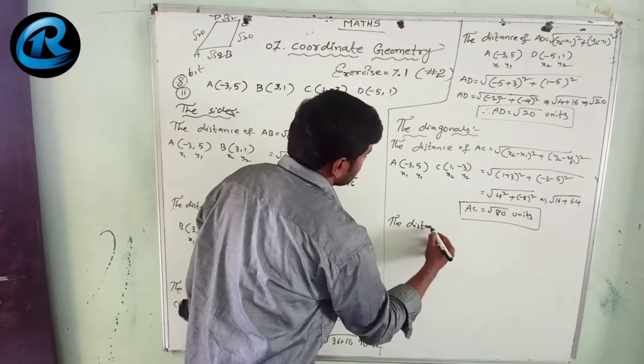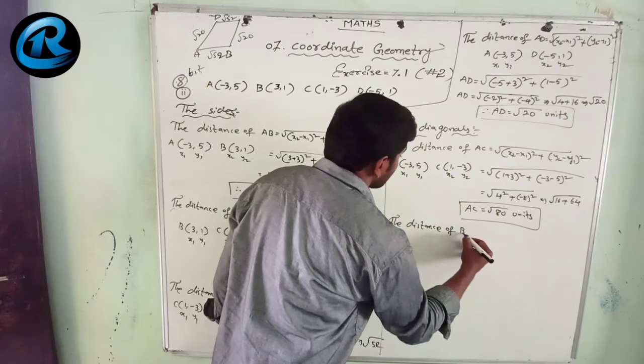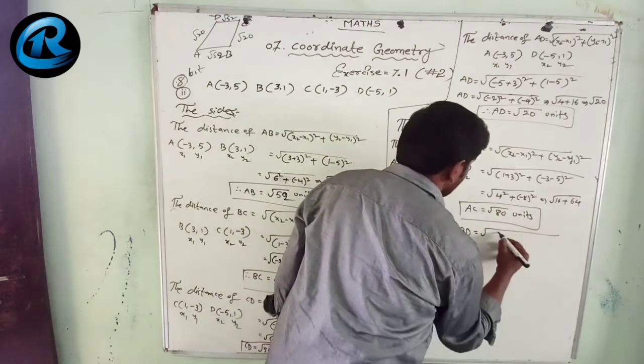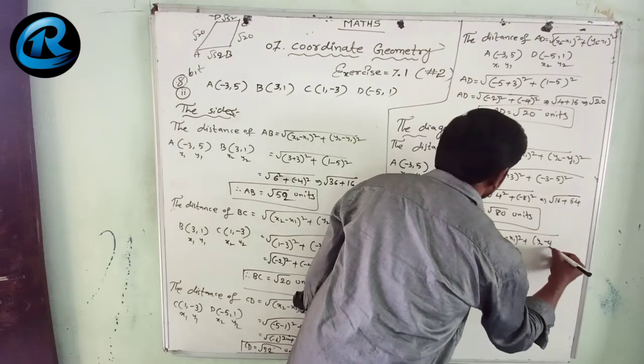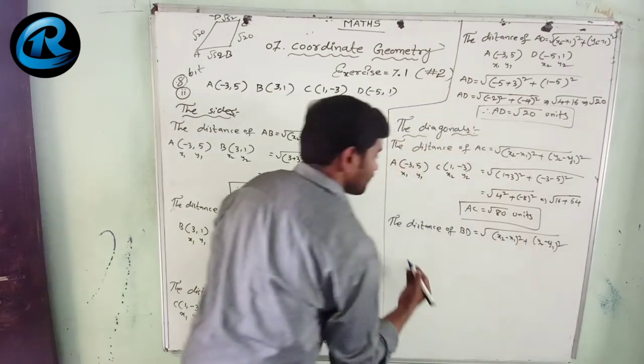The distance of BD equal to under root of x2 minus x1 whole square plus y2 minus y1 whole square.